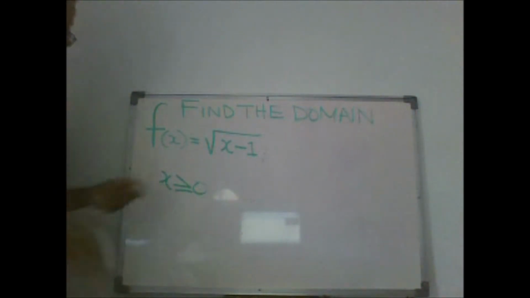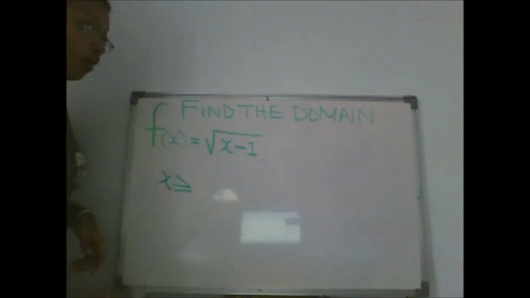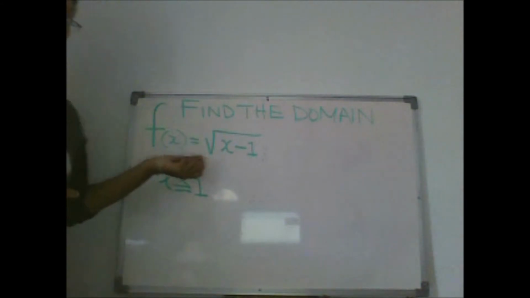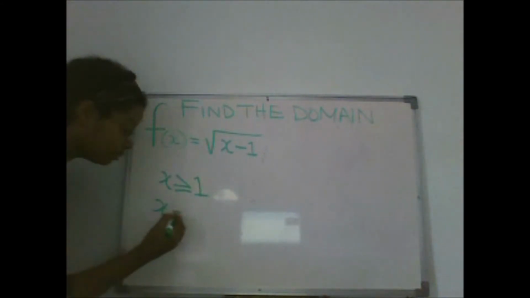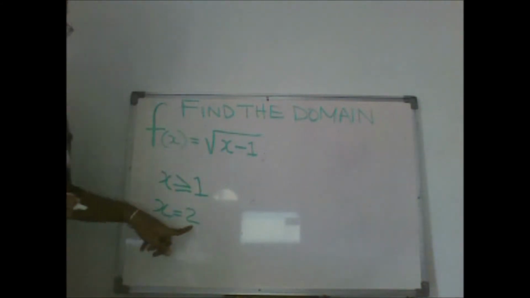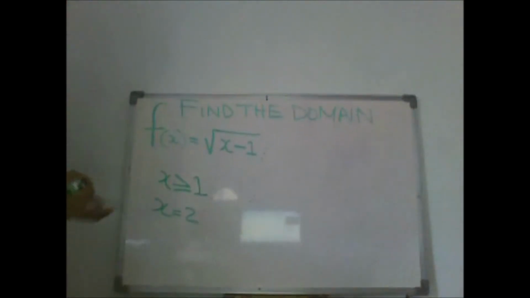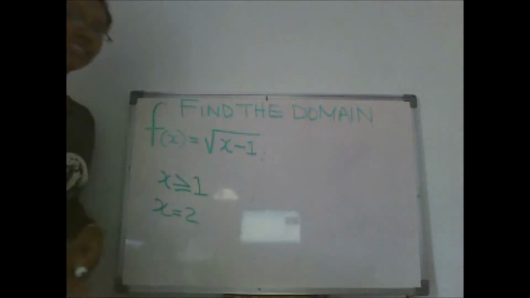Once x is 1 or greater, it will satisfy this equation. If we put x equal to 2, 2 minus 1 gives us 1, the square root of 1 is 1, etc. So I hope you understand that one.